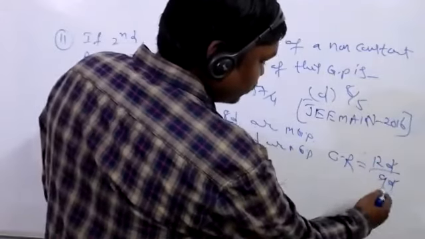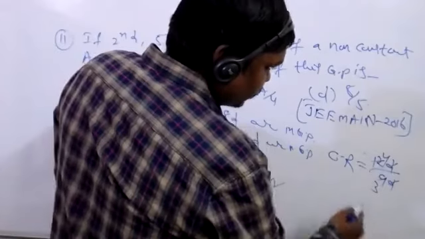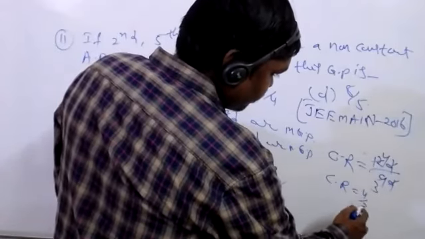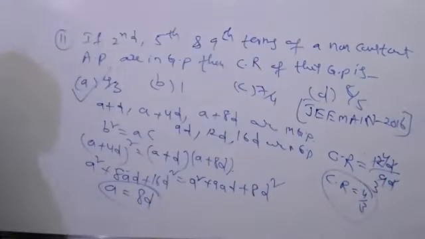D and D get cancelled. 3 times 4, so 4/3. Done?